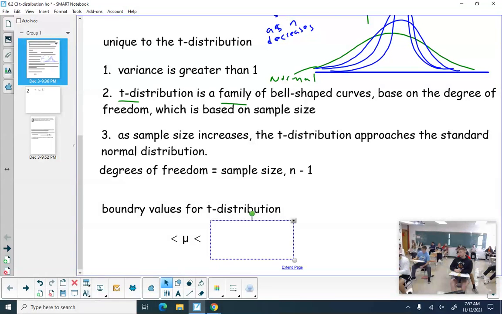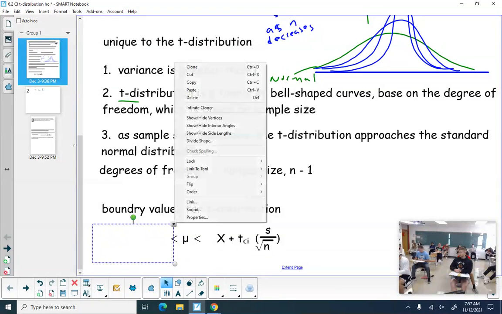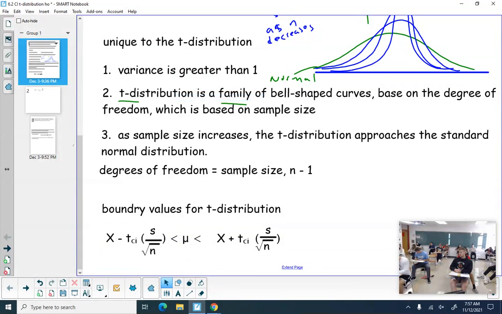The population mean is going to be somewhere between the sample mean, plus or minus our t for the confidence interval, times the standard deviation divided by the square root of n. It is the exact same computation, except I took the z out and I replaced it with a t.